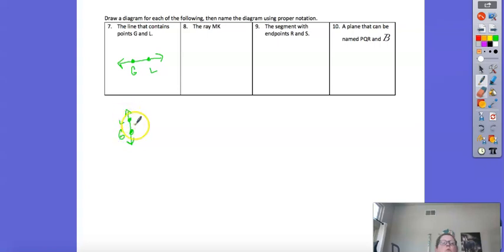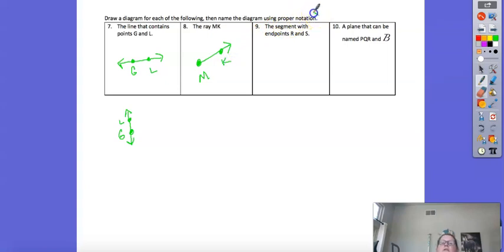It doesn't matter the order of the points. You could have put them any way you wanted, and the line could have been horizontal or vertical. Now the ray is different. This ray, you don't have as many options. It has to start with M and go in the direction of K.